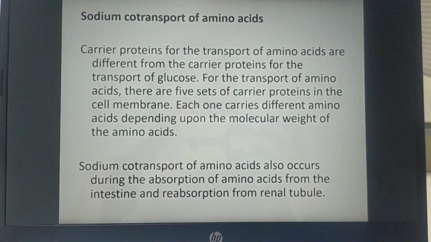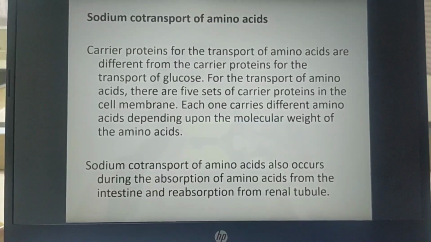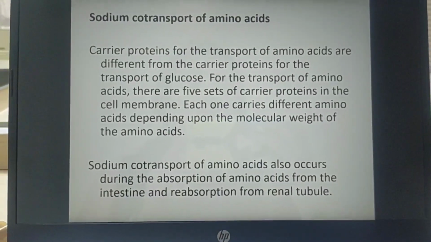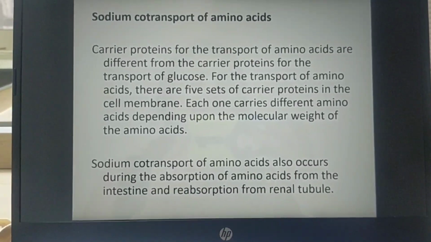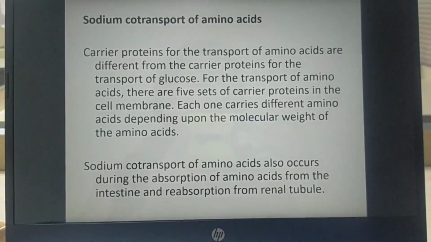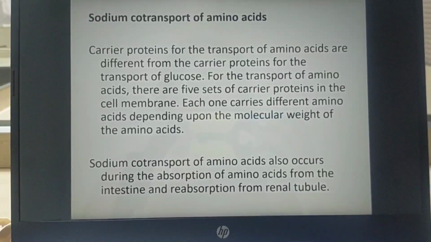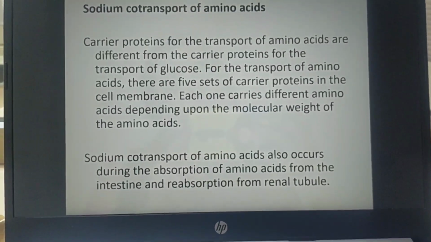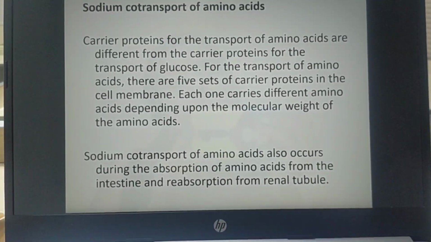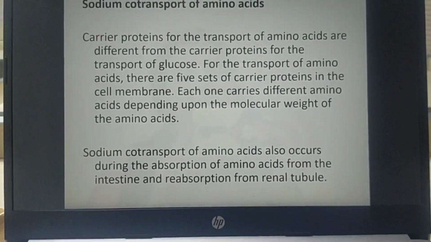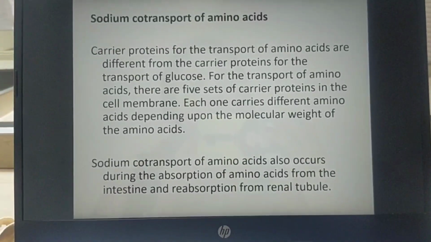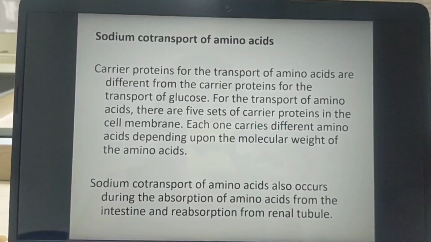For the transport of amino acids, there are 5 sets of carrier proteins in the cell membrane. Each one carries different amino acids depending upon the molecular weight of the amino acids. Sodium co-transport of amino acids also occurs during the absorption of amino acids from the intestine and reabsorption from renal tubules.